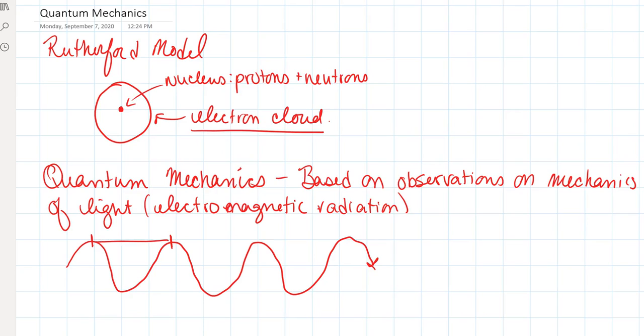This first piece right here is the variable lambda, and this variable lambda corresponds to the wavelength of light, or the distance between two peaks.